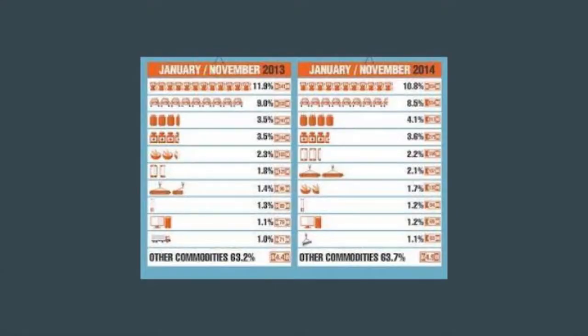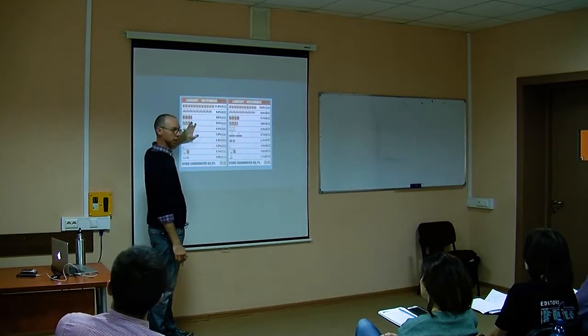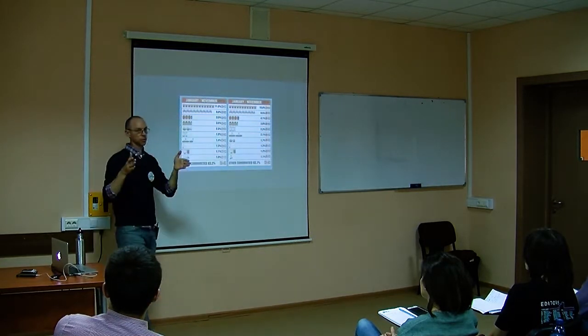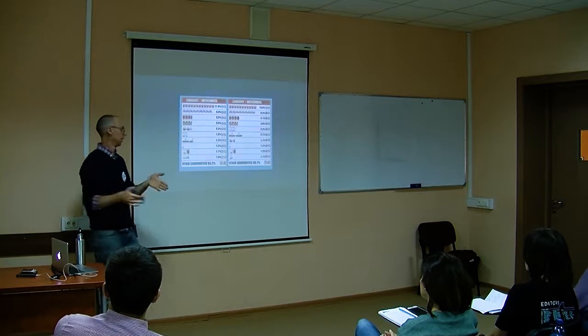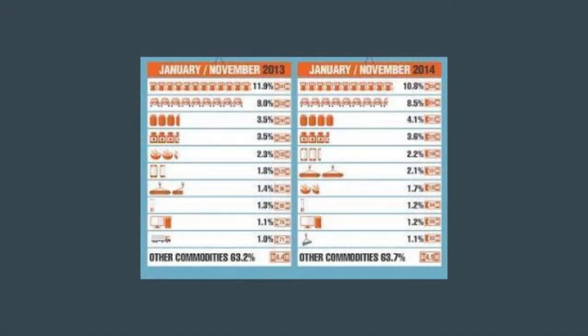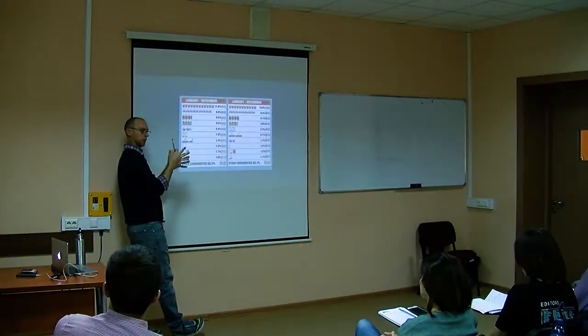So this one is similar. There's percents here, and each percent is supposed to be represented by a visual item. The problem here is that these visual items don't have the same width. So in this case, this is a truck. This truck is supposed to represent the same amount as this phone, but they have different widths.